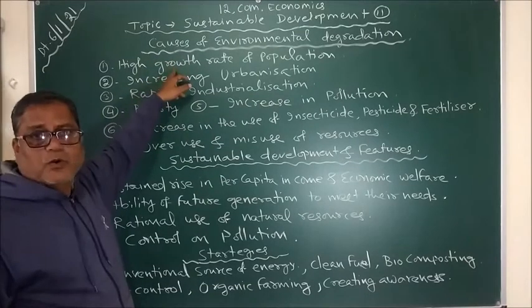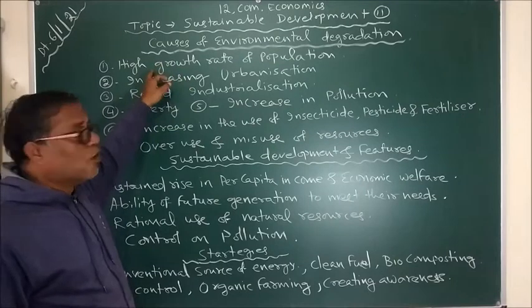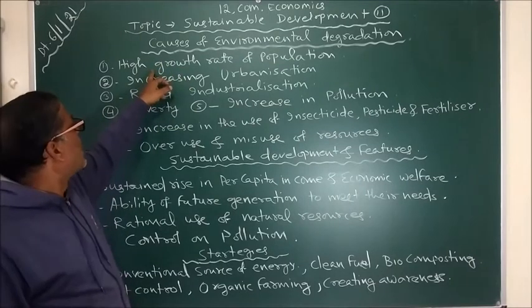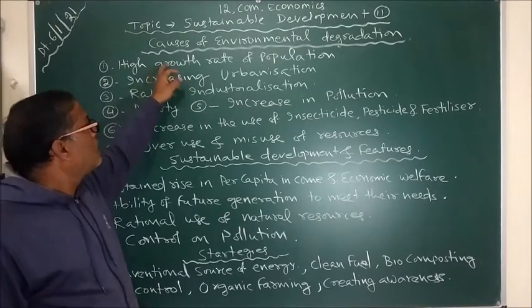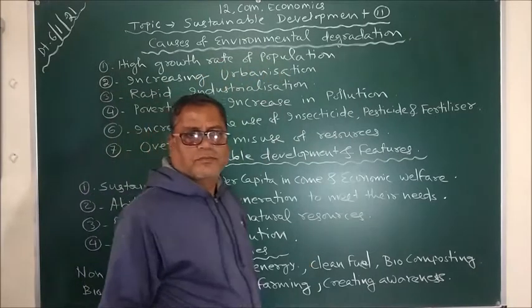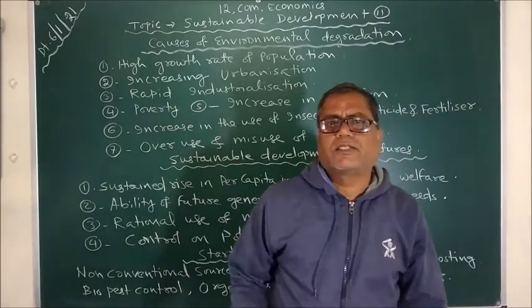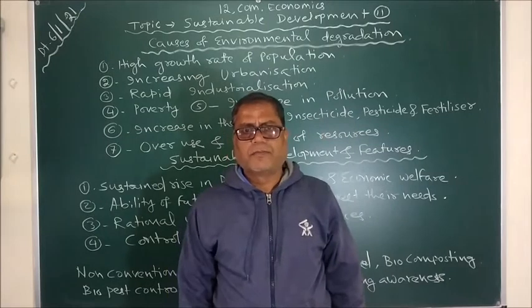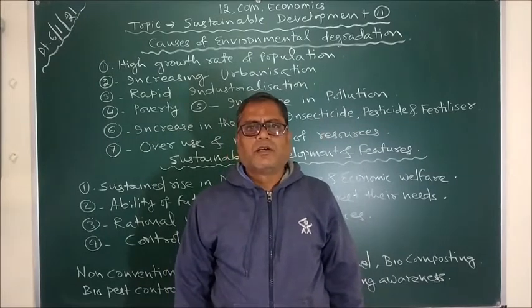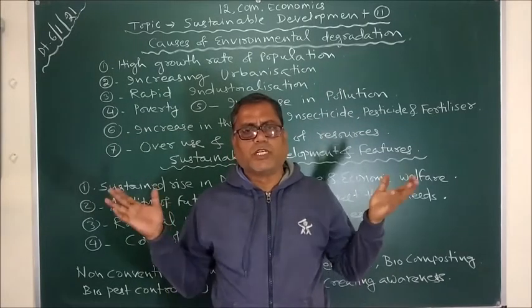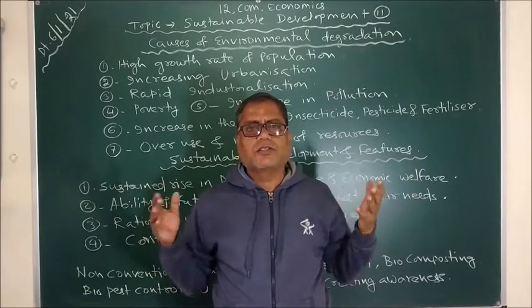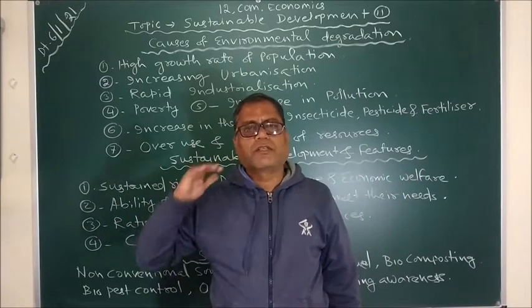The first point, obviously, is overpopulation or population explosion, a high growth rate of population. It creates a chain of effects when population starts growing beyond the prescribed limit.